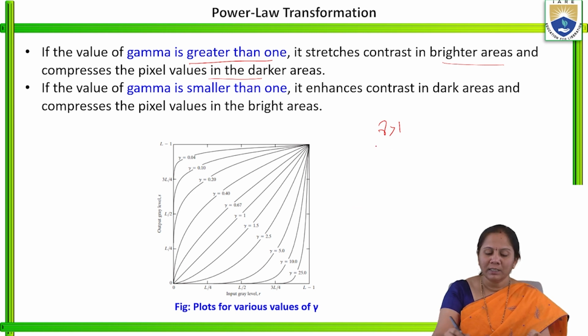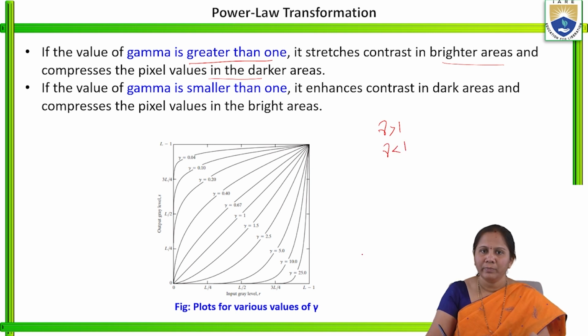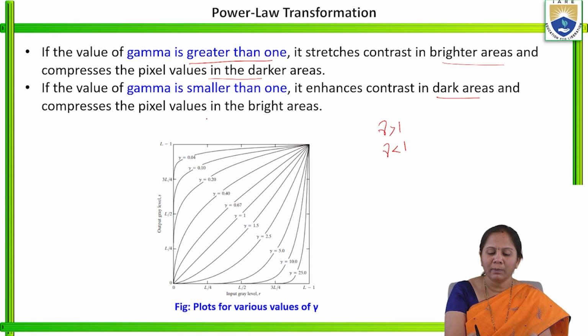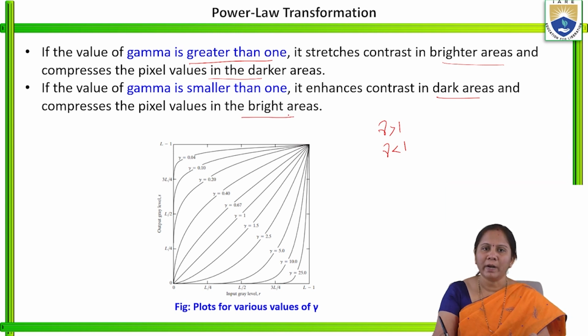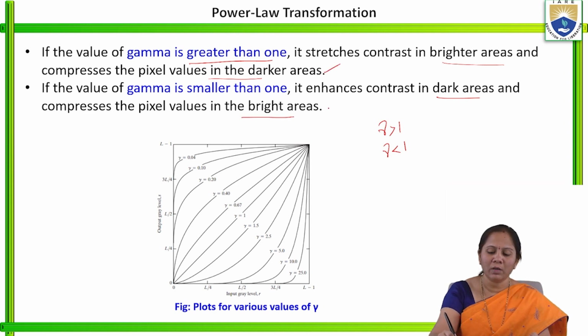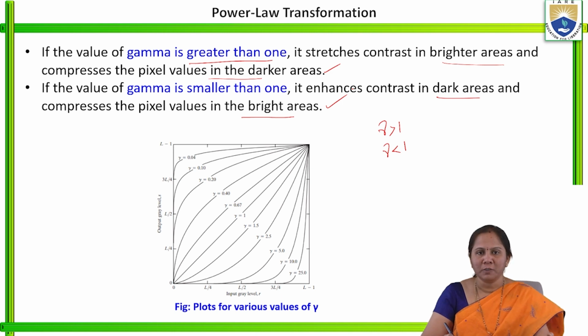In another case, consider the value of gamma is less than 1. If the value of gamma is less than 1, it enhances the contrast in dark areas and compresses the pixel values in bright areas. So these two are exactly opposite.